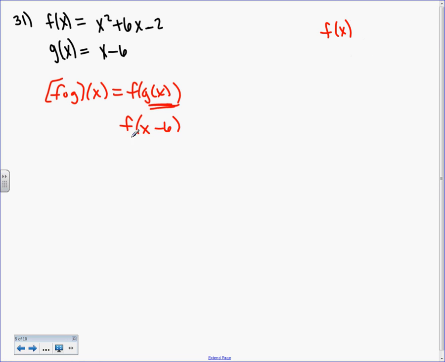But they said f of x minus 6 instead, right? So that's my f function, isn't it? With some blanks. The blanks are where the x's were, because we're replacing x's with x minus 6's. Because that's what the problem said to do. Is that okay? Okay?